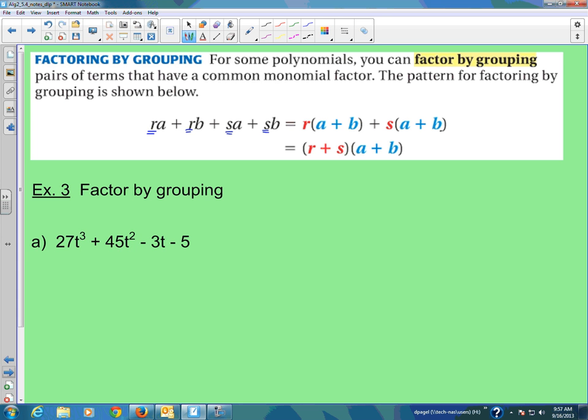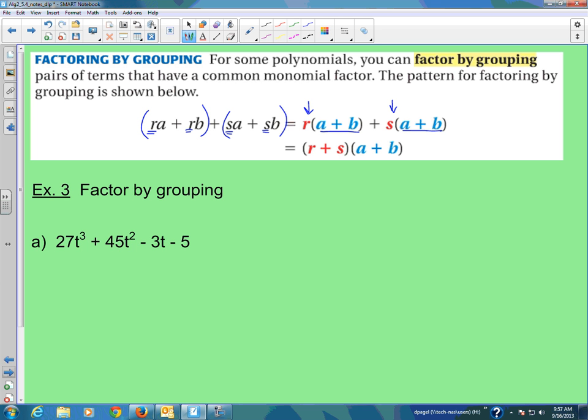And so if you group them, pulling an R out of the RA plus RB, and then pulling the S out of the SA and SB, you end up with a binomial of A plus B in each of those pairs. And that's what you're looking for: a common factor of these pairs that you have pulled the GCF out of.